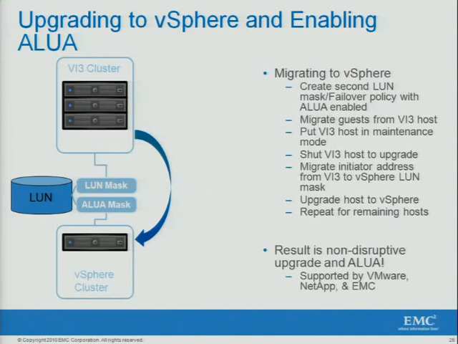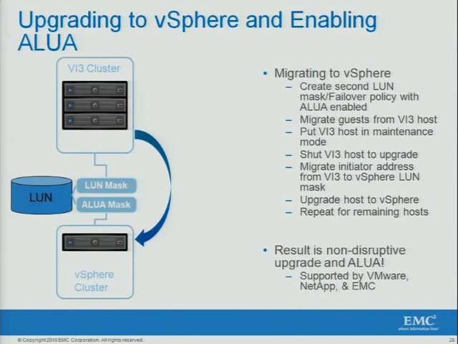When that host comes up, it'll still be connected to the same LUN as all the VI3 hosts. You'll still be able to accomplish any tasks between the hosts that you could in the past. But now the vSphere host will automatically have ALUA enabled and will have greater options in terms of path selection and path intelligence to the storage controller. Does this make sense? Okay.